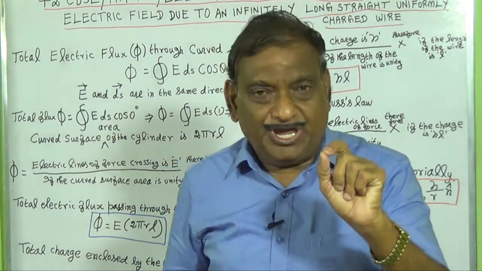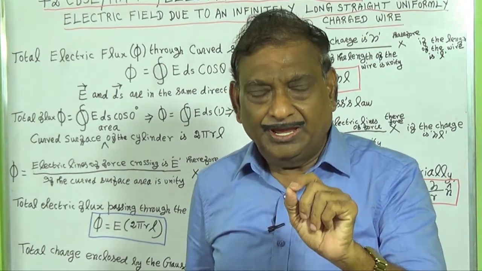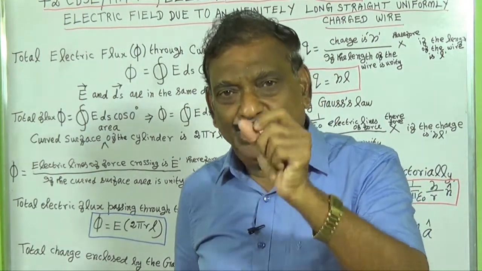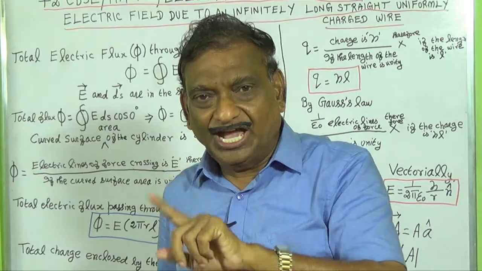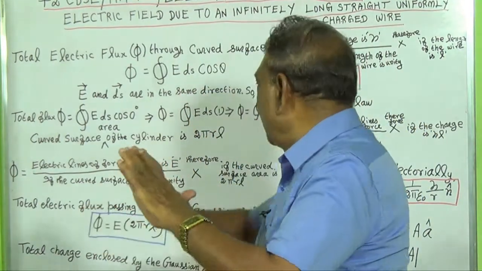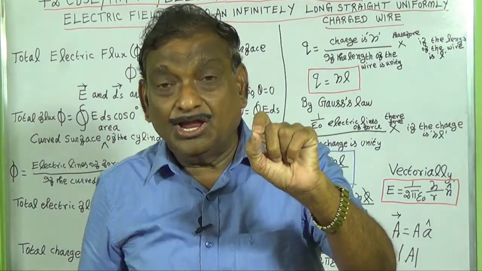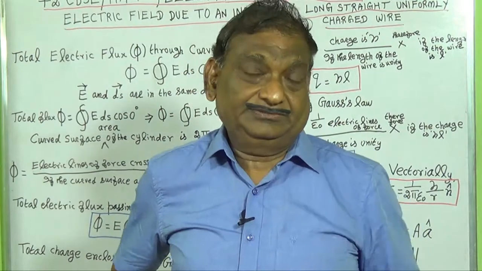So, the equation for the electric flux phi becomes phi equal to closed integral E ds. The cos theta will be cancelled. We are taking the small area ds on the Gaussian surface.